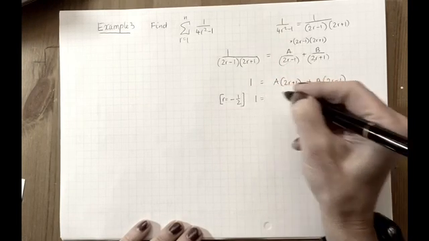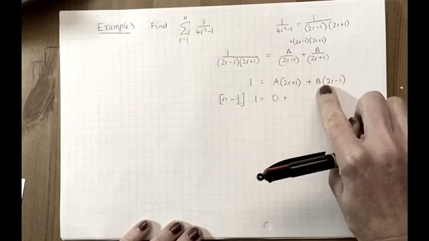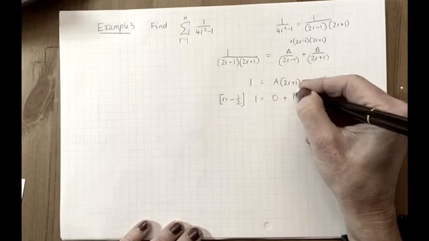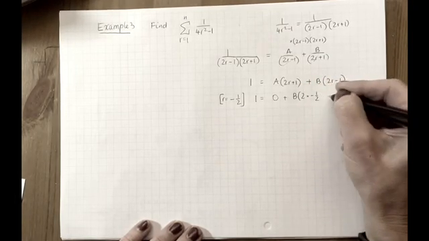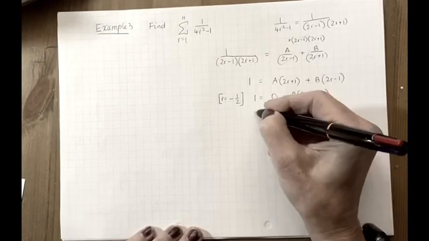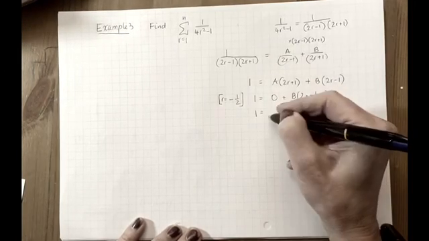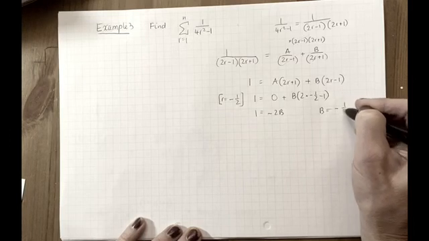So you're left with 1 equals, clearly that will go to 0, and this one will go to minus 2. So it's 2 times minus a half, minus 1, in case you want to do it on the calculator because you're not feeling confident. So 1 is equal to minus 2b. That gives me b is equal to minus a half.